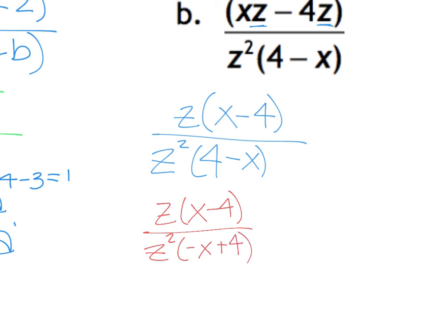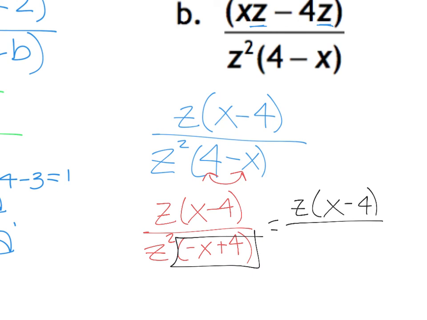Again, I just swapped the order in which these were written. Now I'm going to factor out that negative 1 out of this right here. So that'll leave me with z times x minus 4 as our numerator, and then I have z squared times a negative 1 that we factored out, and that changes our signs to a positive x and a negative 4 here.